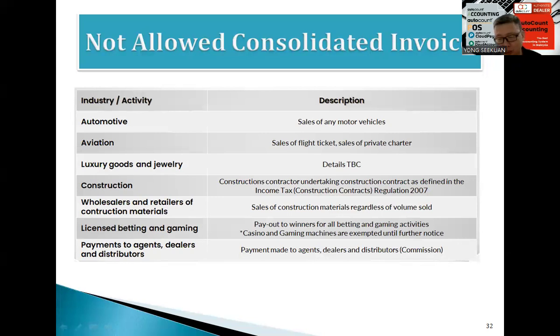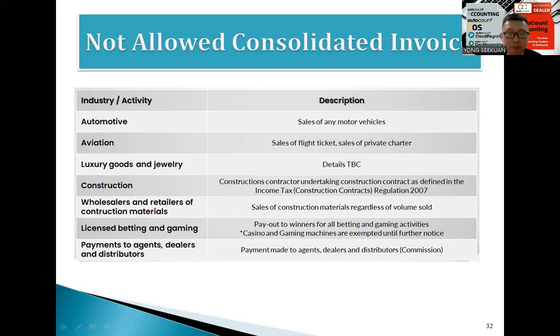So I believe construction is not allowed to consolidate because normally it's a big amount, by project. Let's say you supply construction material to the main contractor, like you are the subcontractor, or you are the retail shop supplying to the subcontractor, main contractor or developer. Normally it's one part, right? A few 100,000, a few 10,000, 20,000.